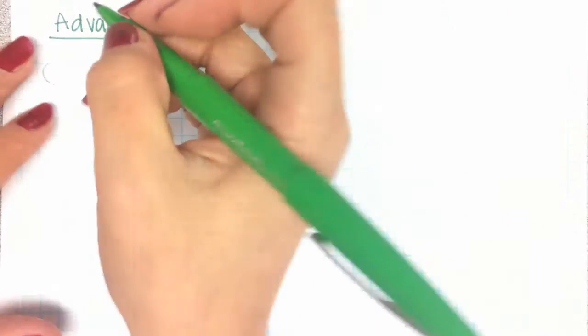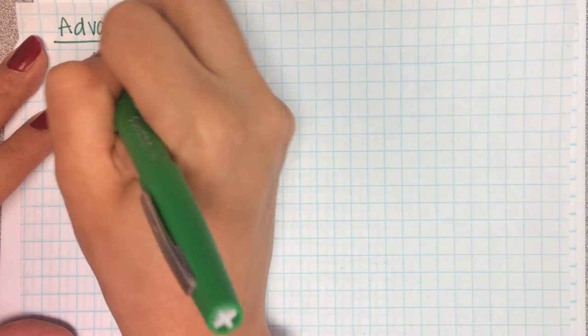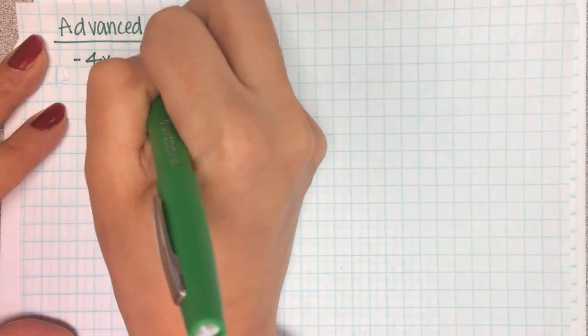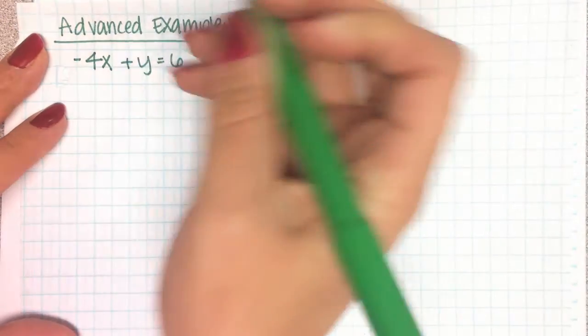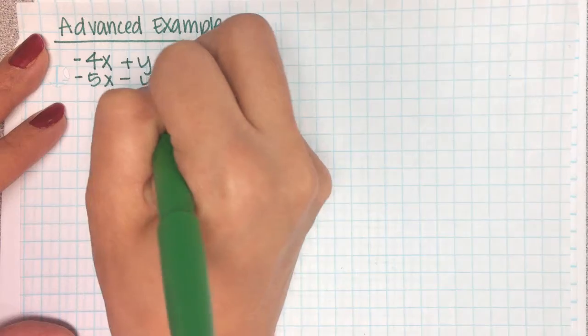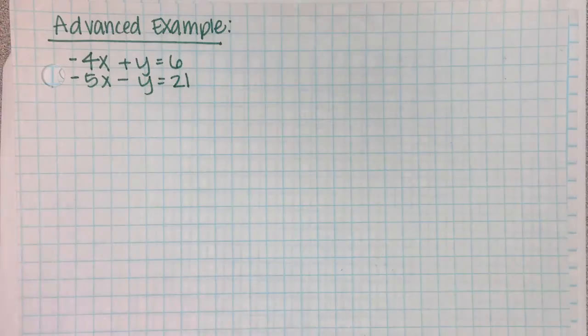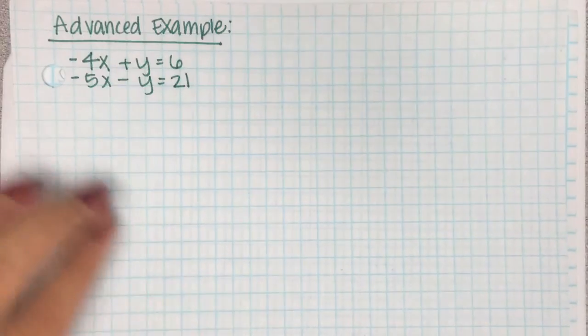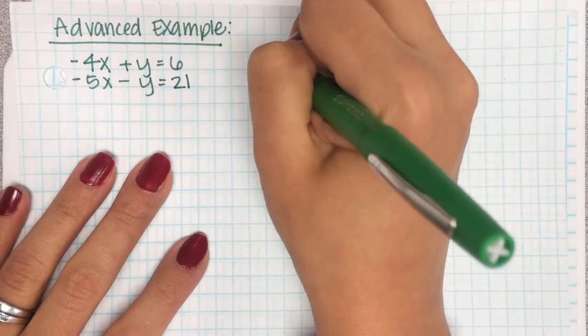Okay, here's an example if you feel like you are advanced enough to move on. If we are given the system negative 4x plus y equals 6 and negative 5x minus y equals 21, and we want to solve using substitution, notice that there's no isolated variable.